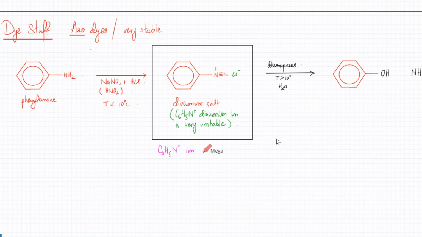It's attracted to electrons because it's a positive ion, and it gets attracted to the benzene pi electron cloud. So that's the first step.